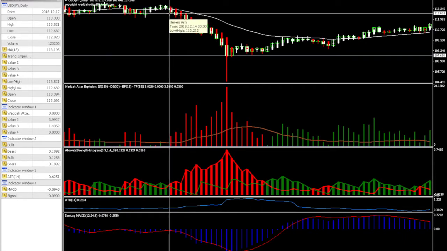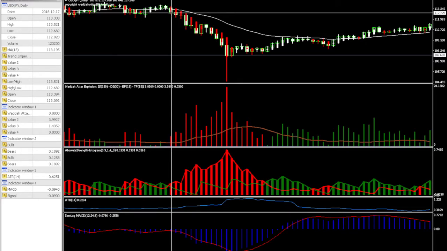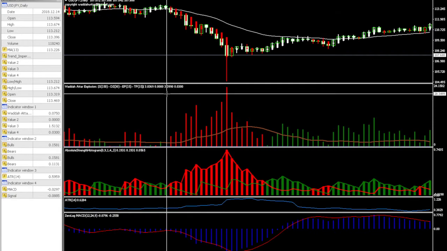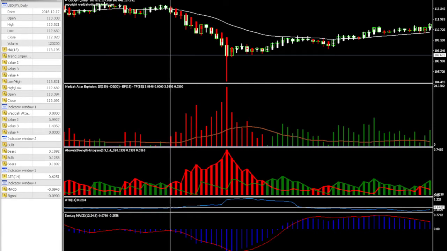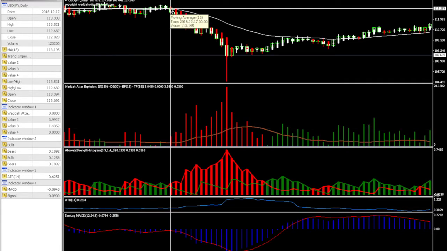This means that price is in a bearish trend, and we would open up two positions with a stop loss of 60 times 1.5, so 90 pips stop loss, and a take profit of 60 pips.